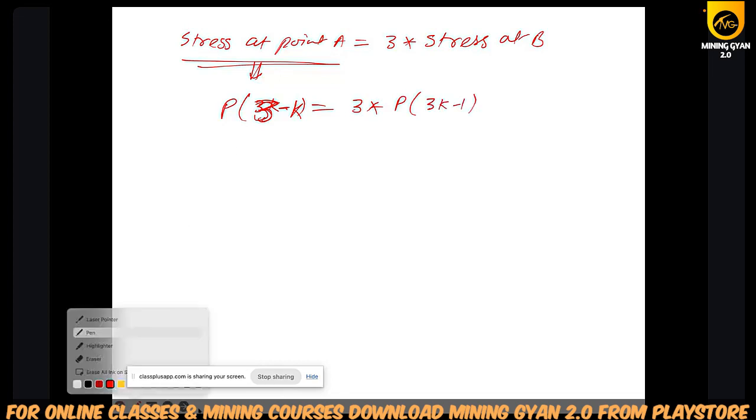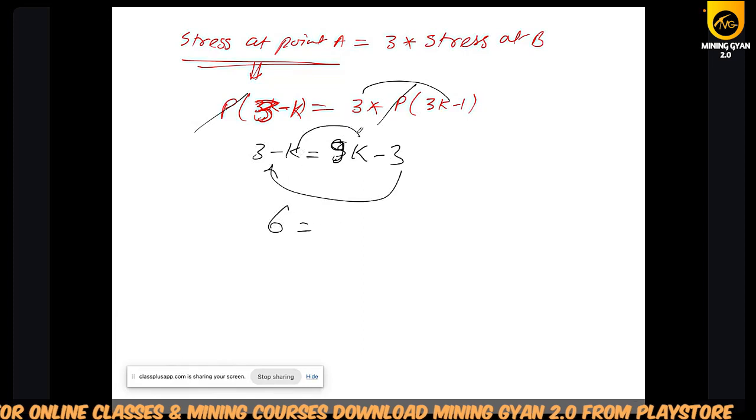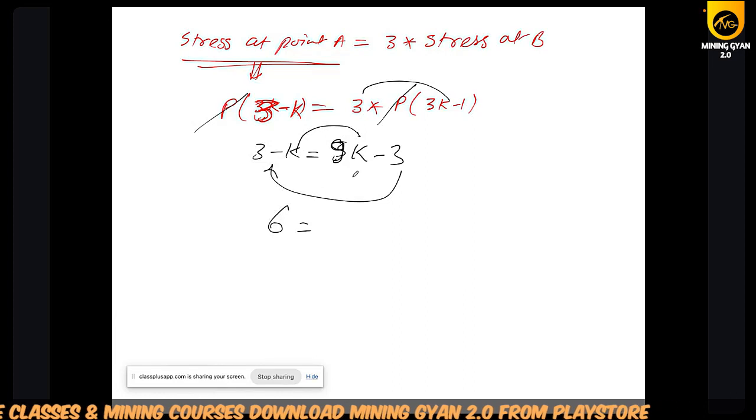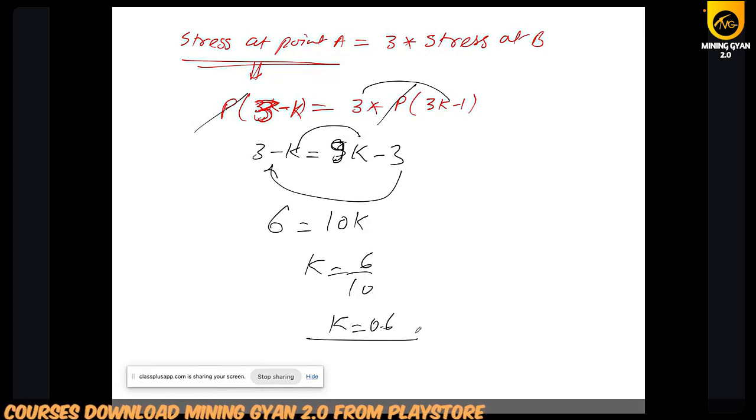When you solve this equation, you eliminate P, it becomes 3 − K = 9K − 3, so 10K = 6, so K equal to 0.6. So your K value will be 0.6.